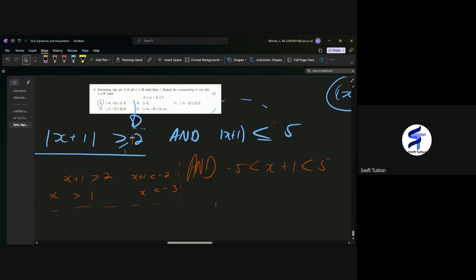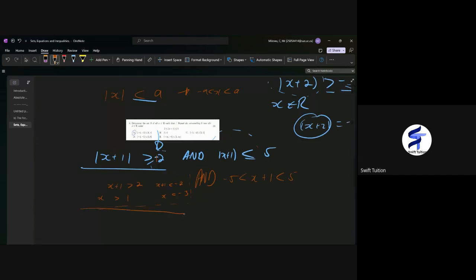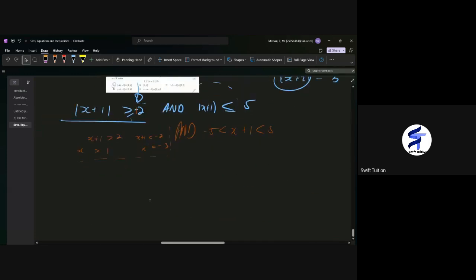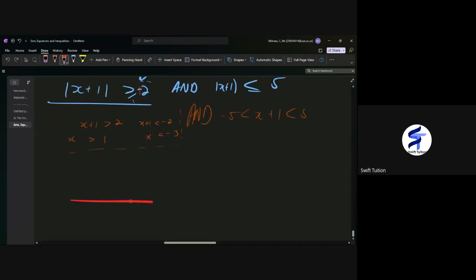Then we're going to find the intersection between this set and this set. I said intercept, my bad. So give me a second. We have -5, -3, 1, and then 5.